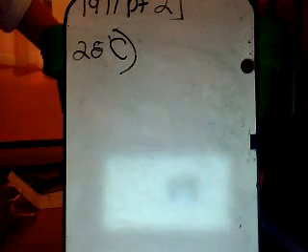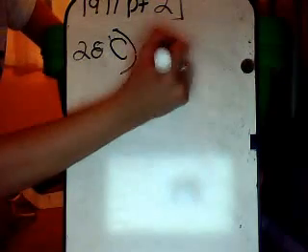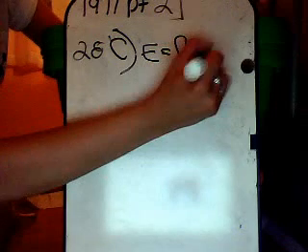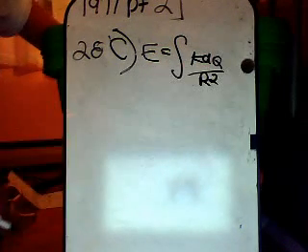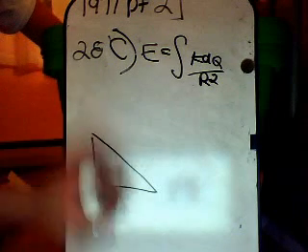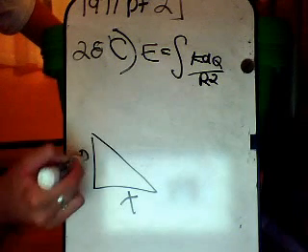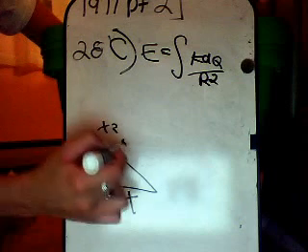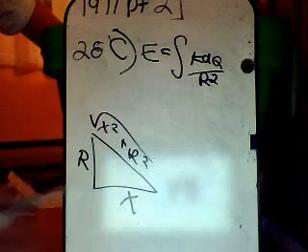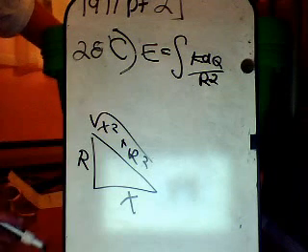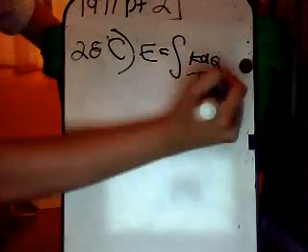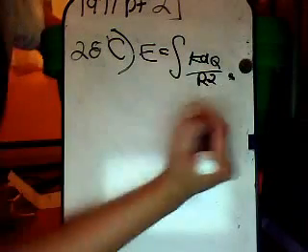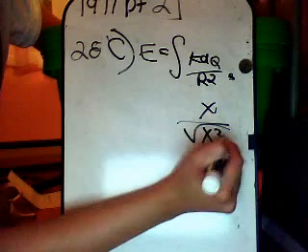And so then you need to find E, so you do the integral of K dq over R squared times cosine. And you know that, again, in this picture, this was X, this was R, and this was root X squared plus R squared. So cosine of that would be X over root X squared plus R squared.